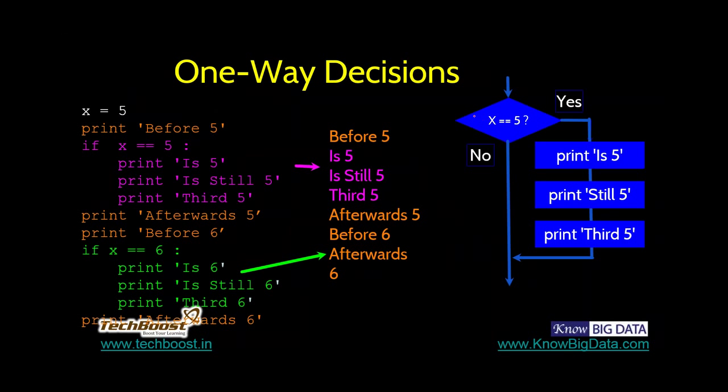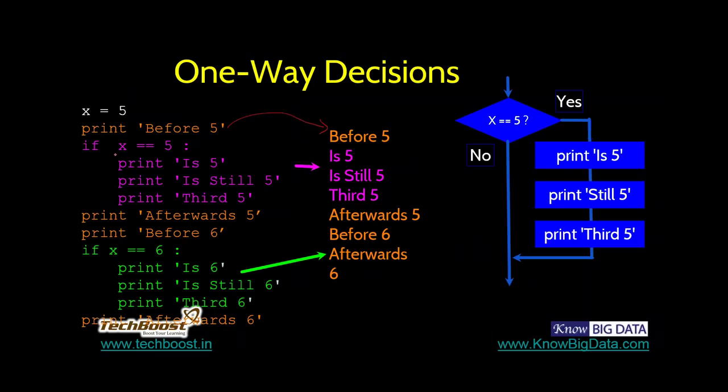Now let's see different sorts of decision making. We saw that we can make decisions, or control the flow of execution, based on conditions. Let's see the different ways we can do this. So we have x equals 5 again. We try to print this. Since it is a sequential step without a condition, it prints before 5, isn't it?